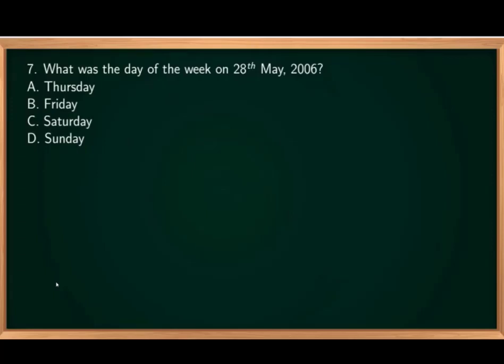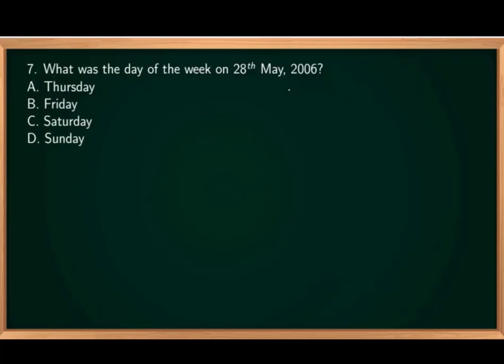Okay, I will start doing this. We have to find 28 May 2006. As a first step, we have to find the number of odd days till 31st December 2005.